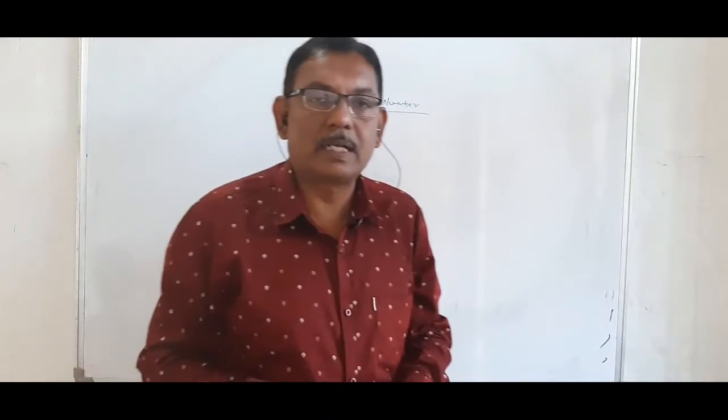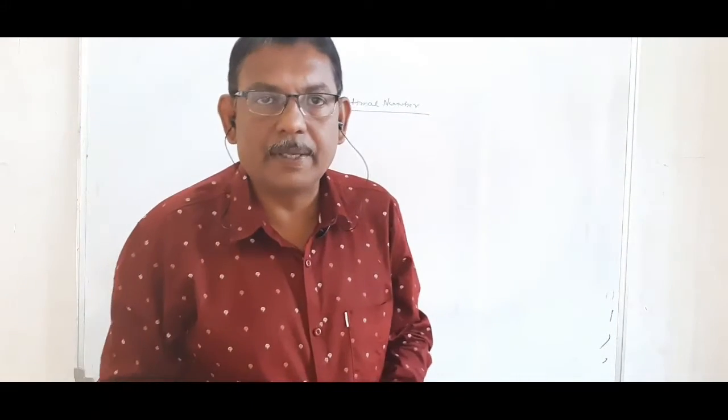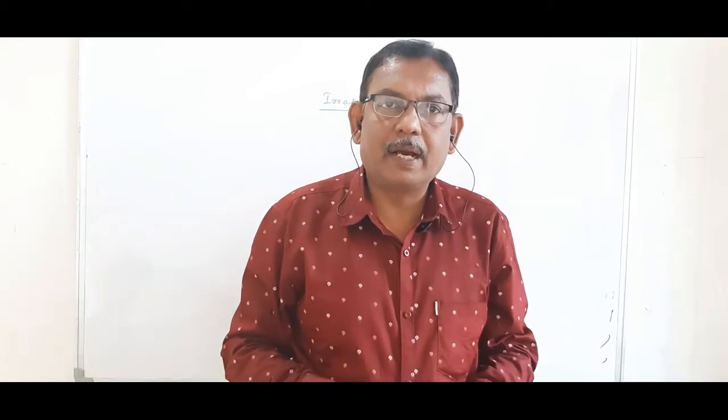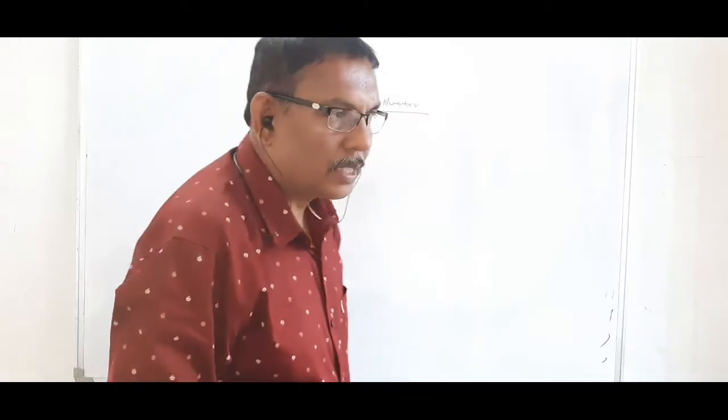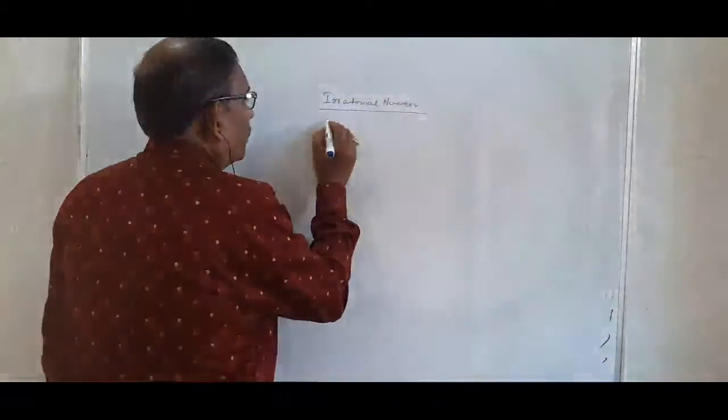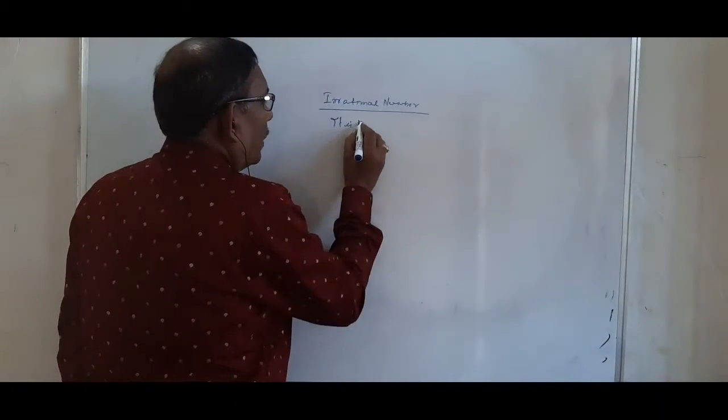So, what is actually an irrational number? An irrational number is a number which cannot be expressed in the form of a by b, where a and b are two positive integers, and b is not equal to 0. Okay.